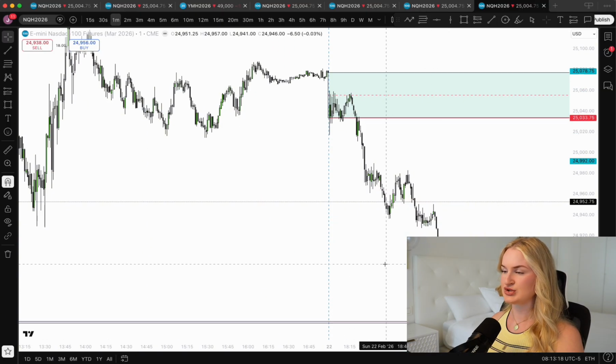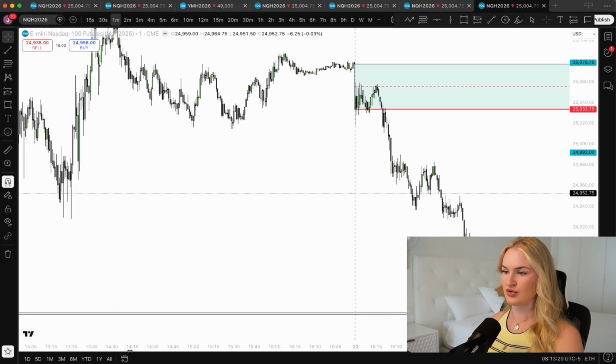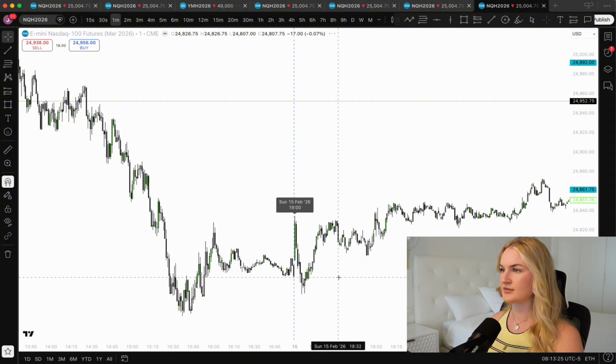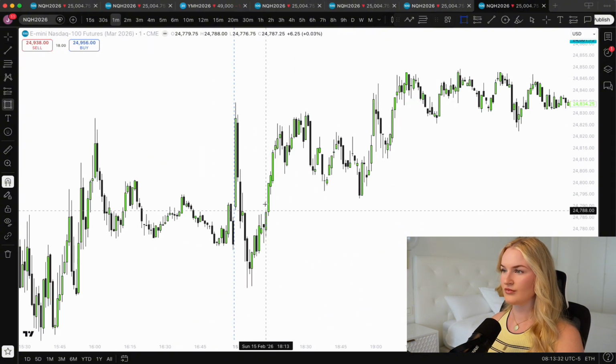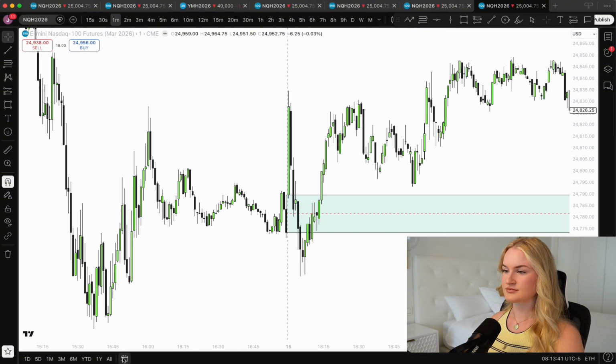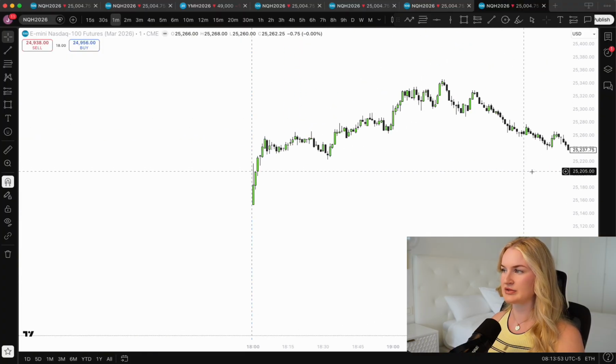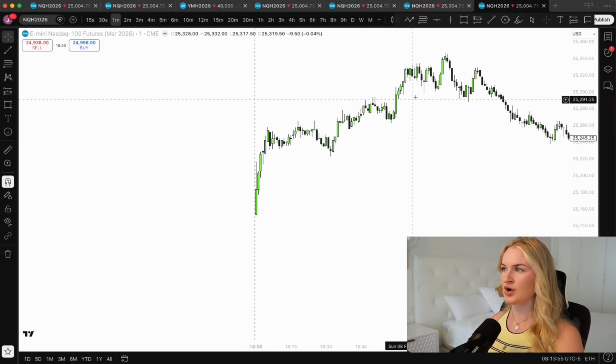So what we're going to do is we don't scroll, but we jump right to the date. As you can see right here, this is the last available candle on the 1 minute time frame.